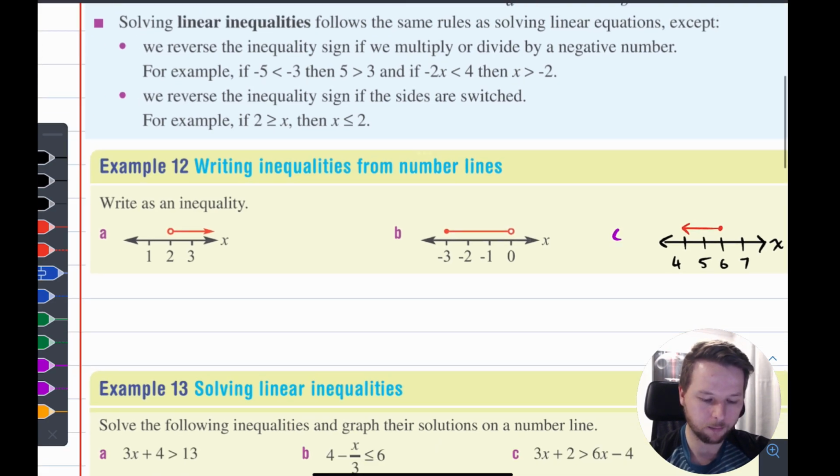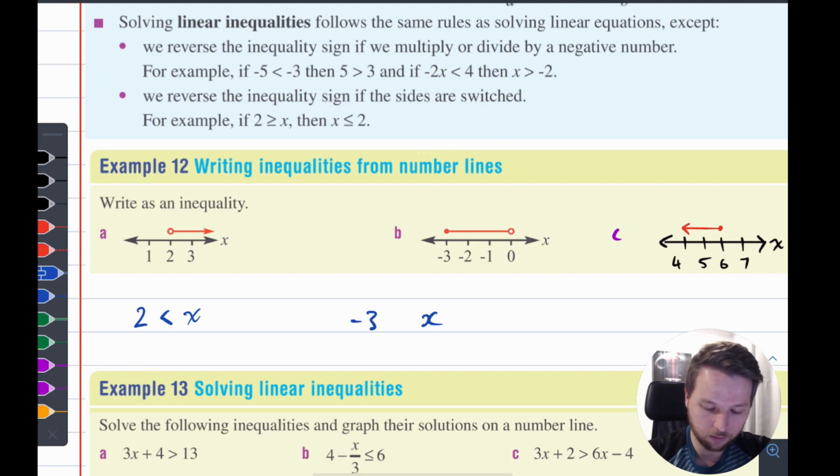We've got example 12 here, a. We want to write this as an inequality. So we look at our lower bound first, so that's 2. We can say that 2 is less than, it's not going to be equal to, and then we write x there. For b, we can say that x is going to be between these two values.